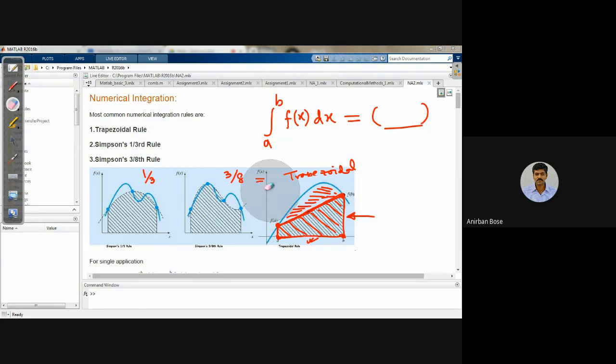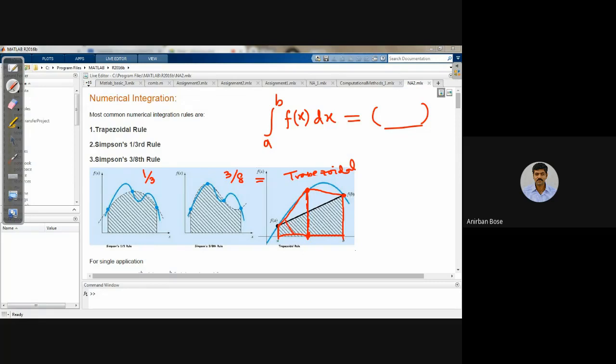But instead of that, what we can do is take multiple segments. Suppose we take two segments. Let us consider this is exactly the midpoint of A and B, and we take this other value. We consider this as one trapezium, and then join this point and this point, and we get another trapezium.